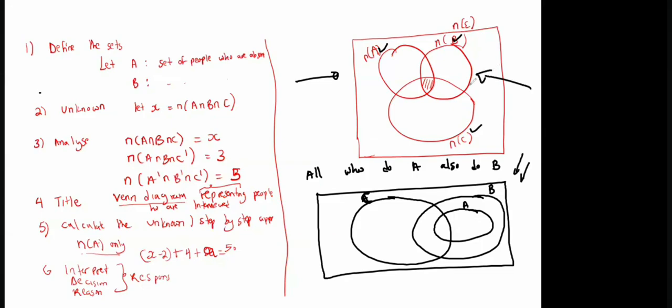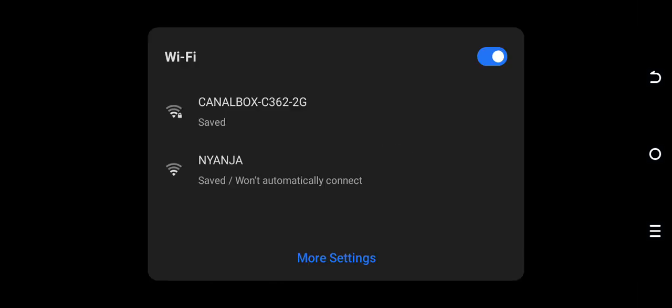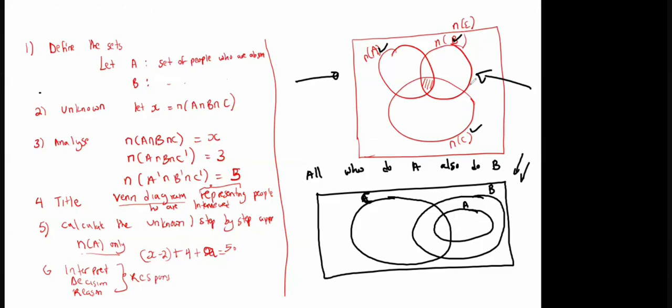You need to sit down and then interpret it very well. So you may find that this is the way you are supposed to draw it.